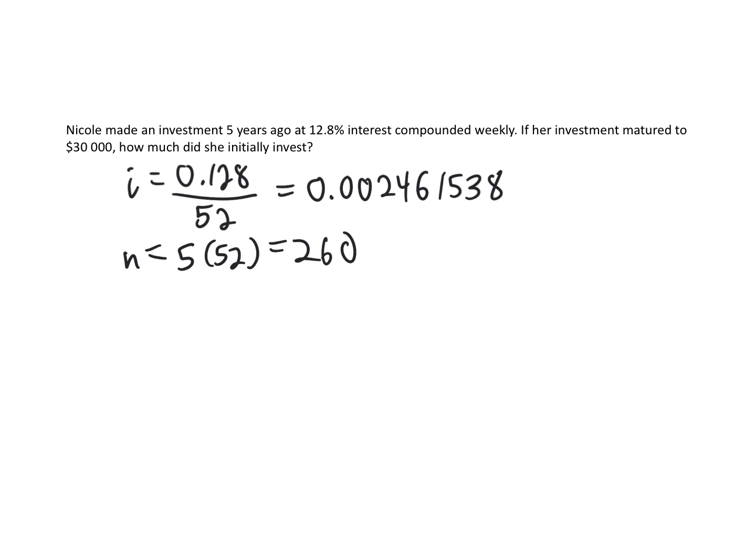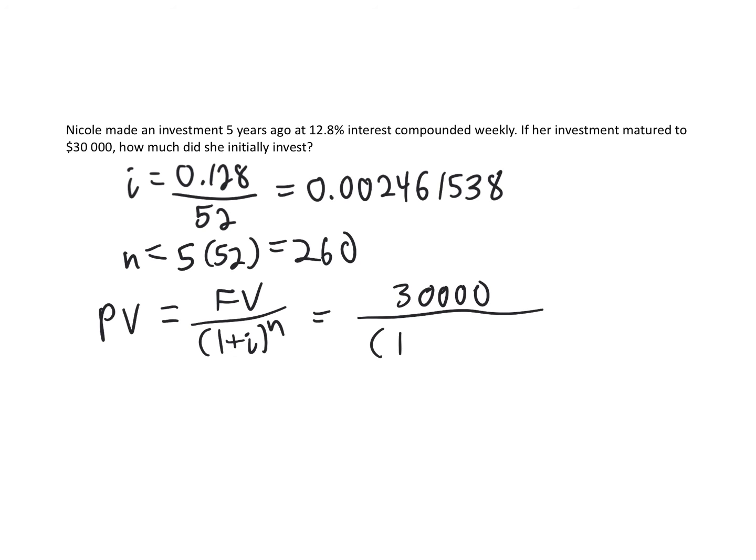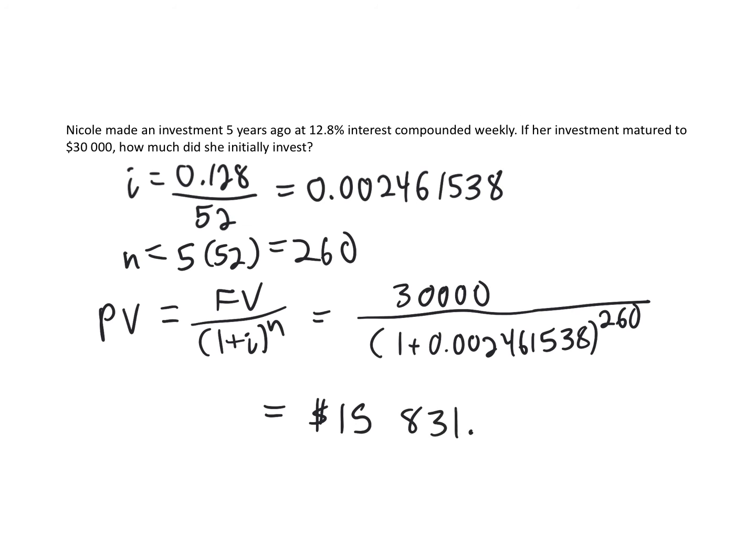We want to know the present value. So again, we're using the present value formula. So we have 30,000 divided by 1 plus I to the 260, which is approximately 15,831.22.